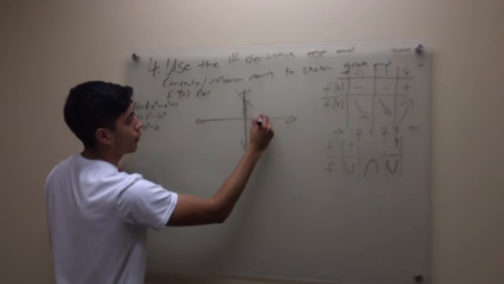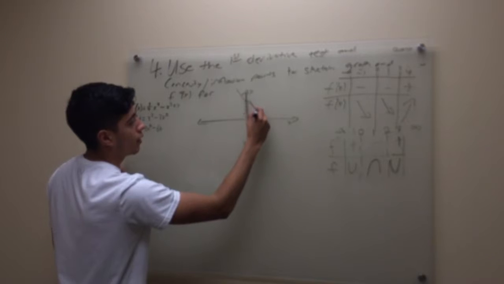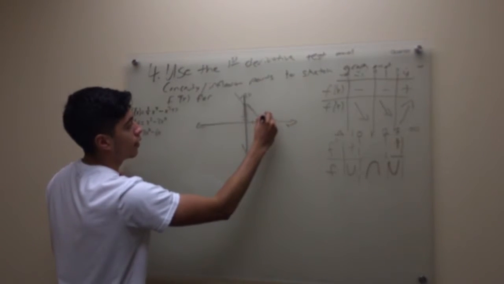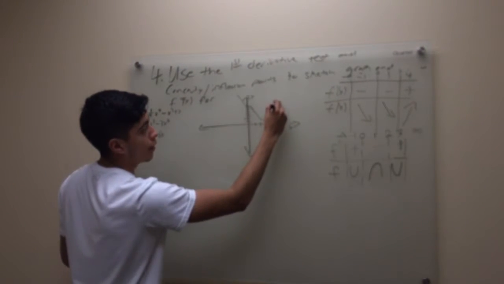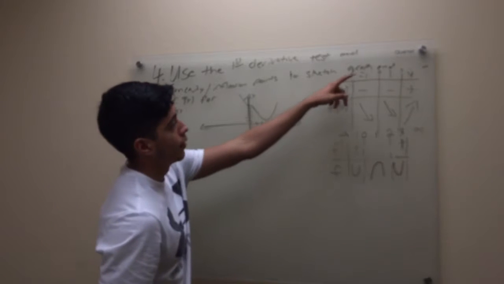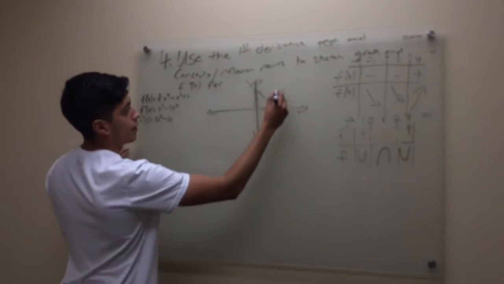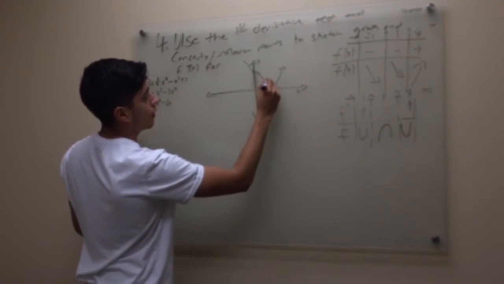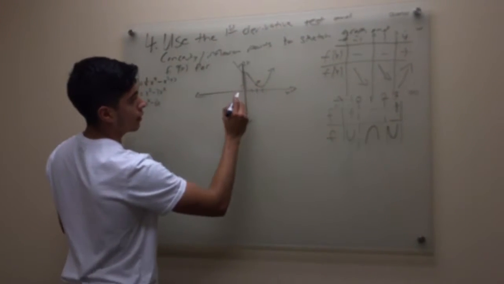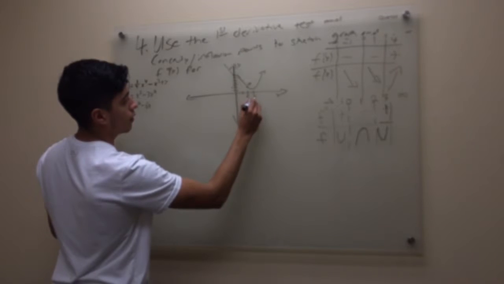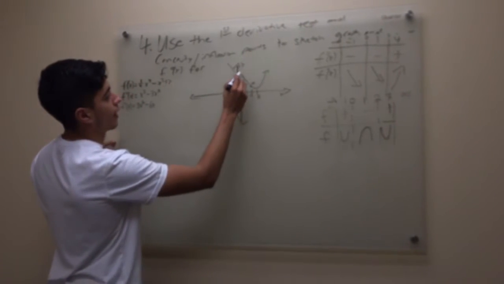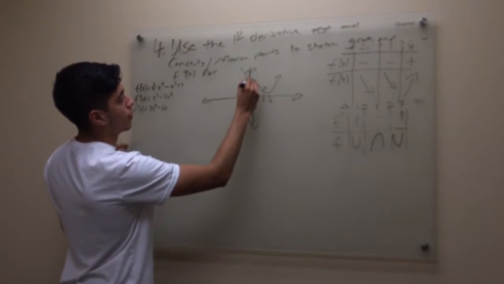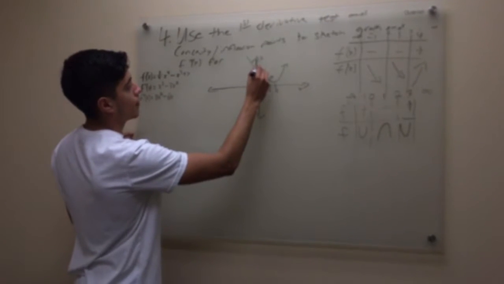We have 3, and from 3 to infinity, it stays positive. So at 2, we have an inflection point. At 0, we have another inflection point.